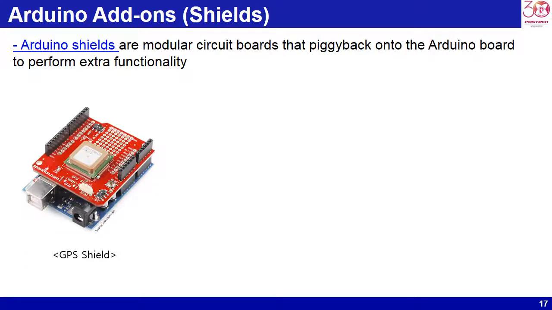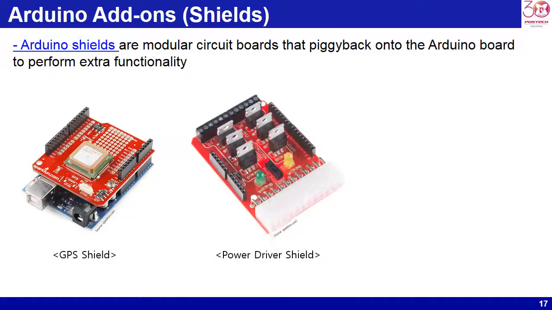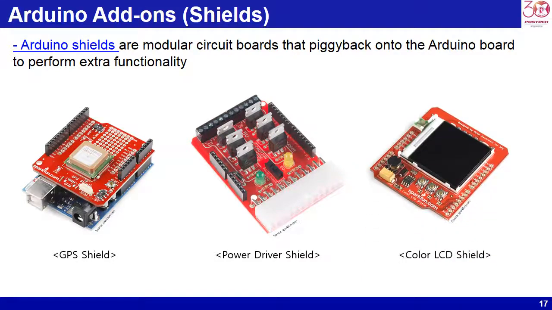For example, GPS shield has a function to receive GPS location data. Power driver shield allows you to use a computer power supply as another power source. LCD shield serves as displaying information through the screen.